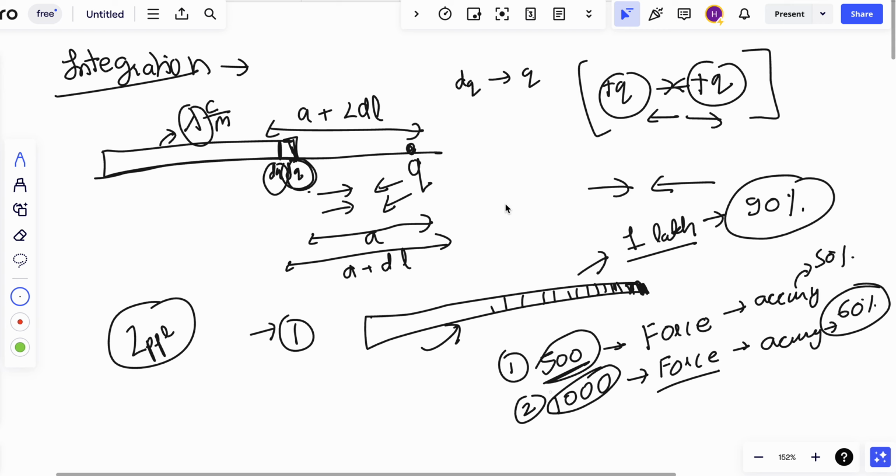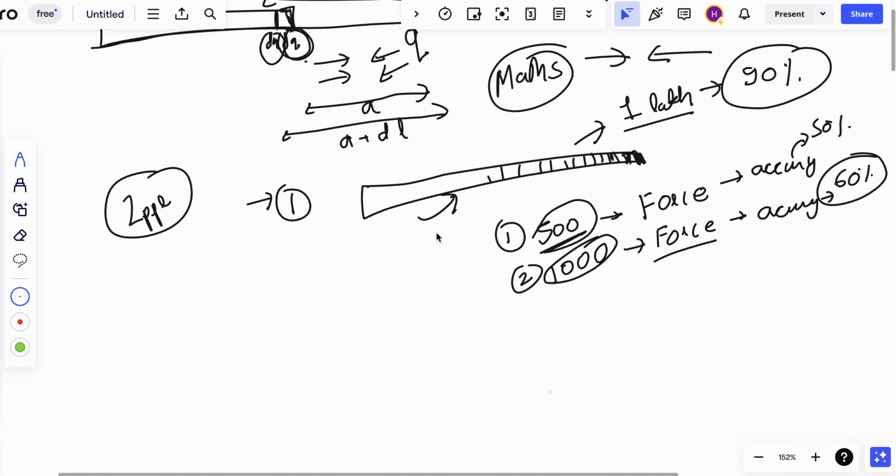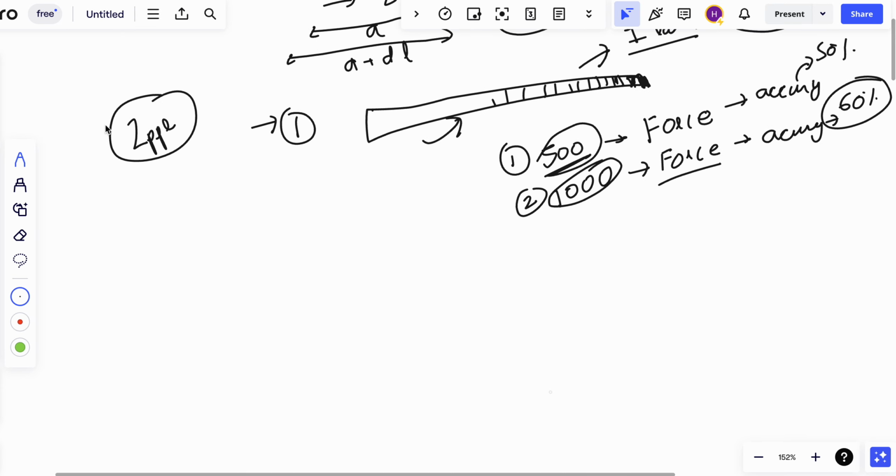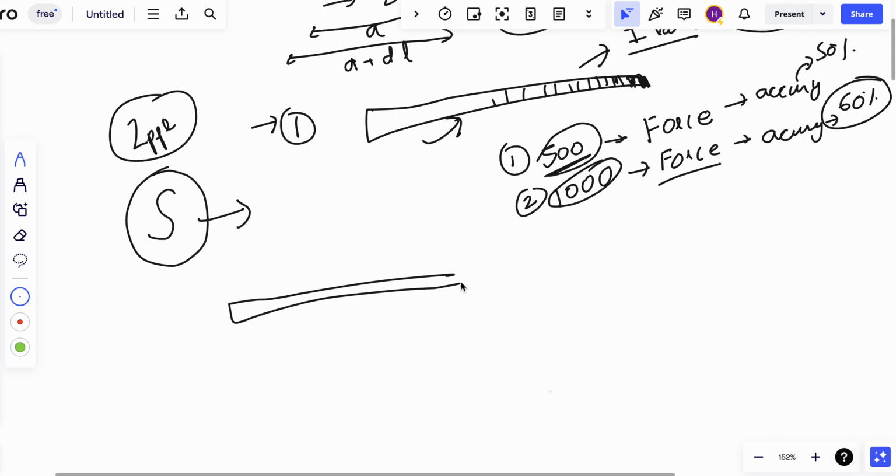So maths comes to save us here. Integration is actually a lovely phenomenon which joins maths with physics. Maths comes up with a snake here, this is known as integration. What this snake does is it breaks the element into many minor pieces.